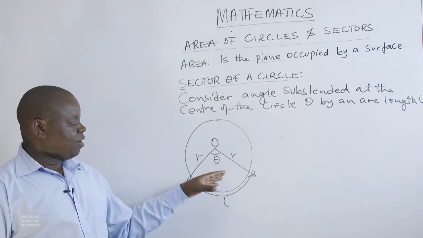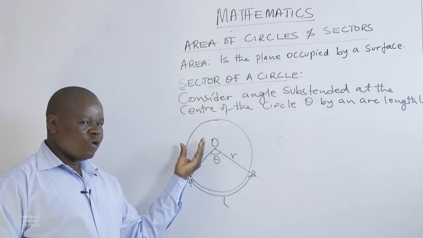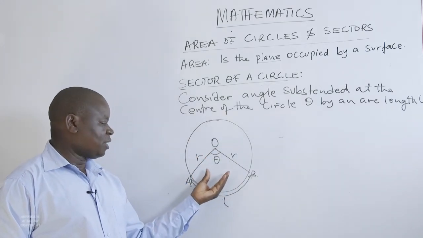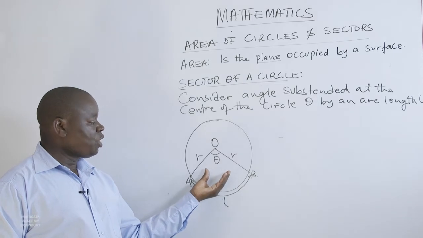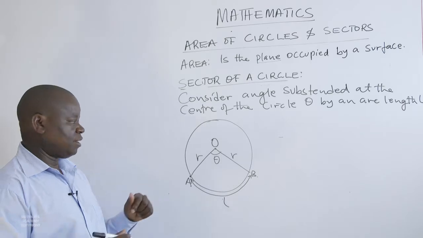To get the area of this sector, we get the area of the whole circle, then we multiply by the fraction theta over 360 degrees.